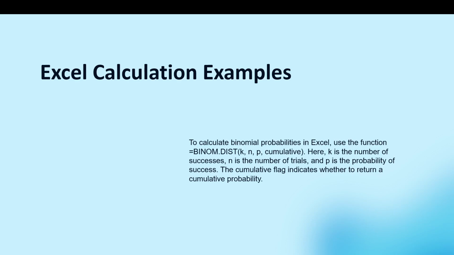In Excel, we would write equal sign BINOM.DIST, open brackets, and inside we have 4, which is our number of successes, also known as X, and 20, which is 20 trials. Then we have the probability, which is 0.3, and the cumulative, which is true. This will give us the cumulative probability. We can change true to false for exact probabilities.